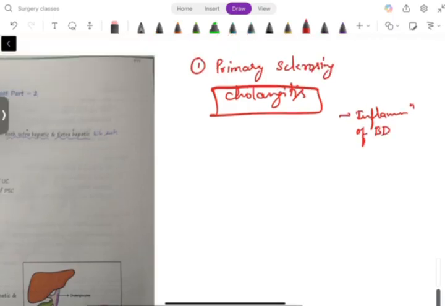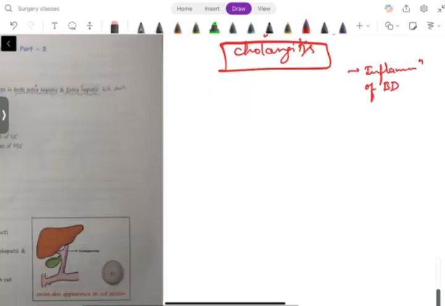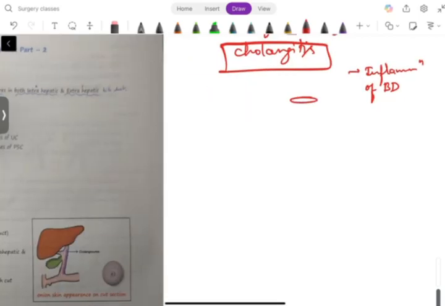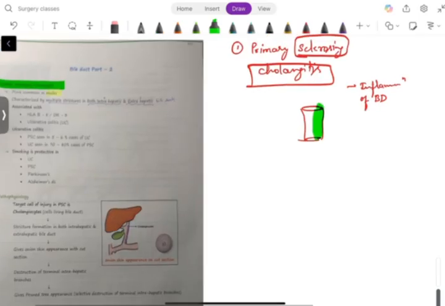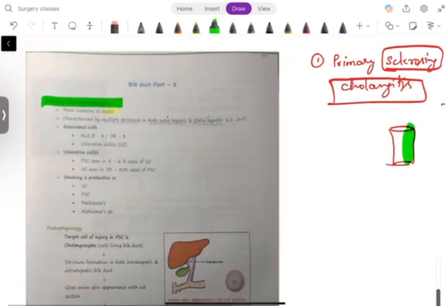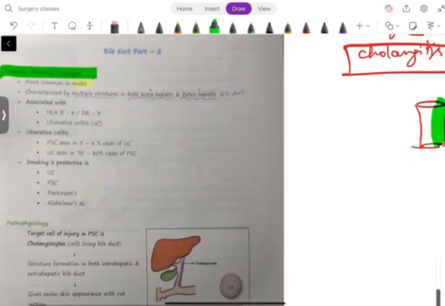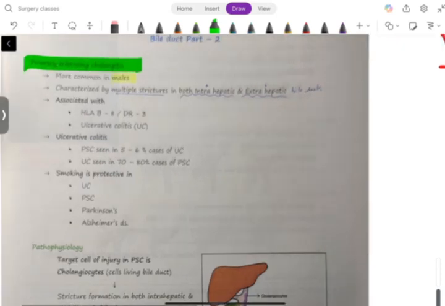Sclerosing basically means something is accumulating or getting filled in. So primary sclerosing cholangitis means that there is inflammation and there is closure or stricture of the bile duct. That is what the pathology is all about.